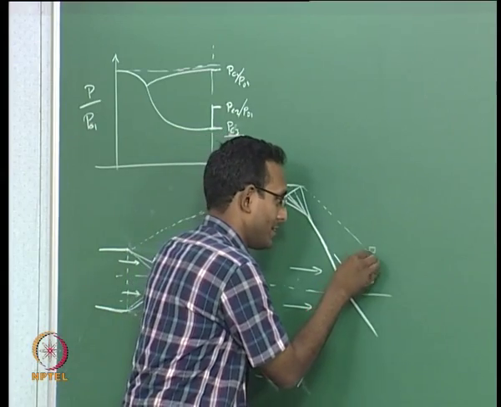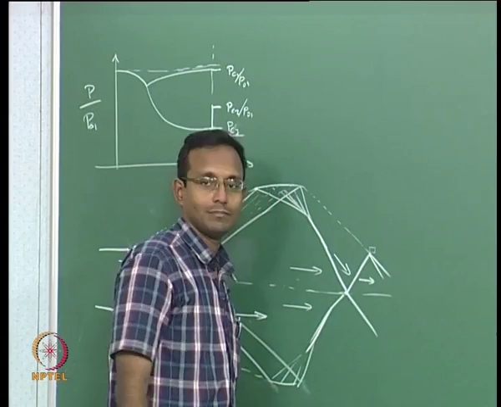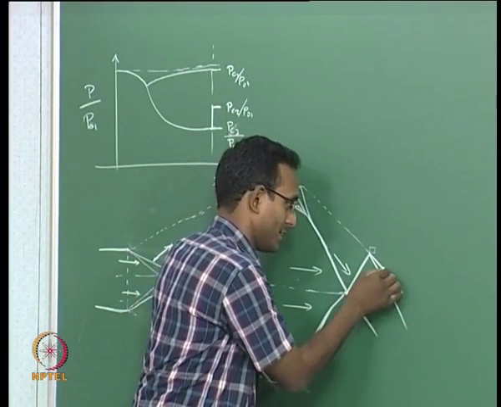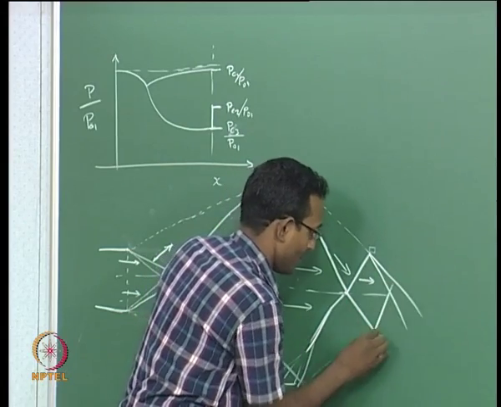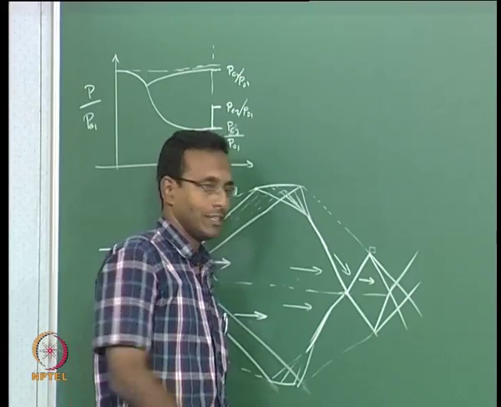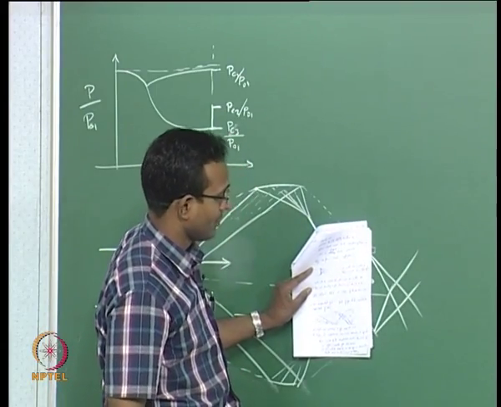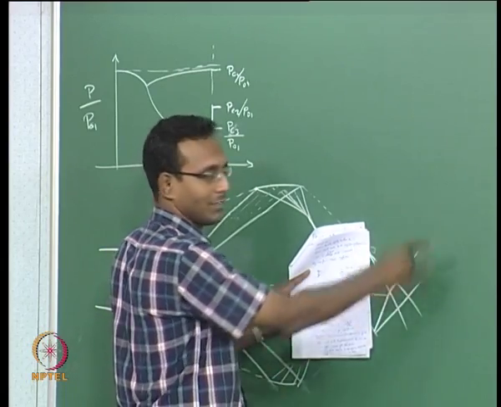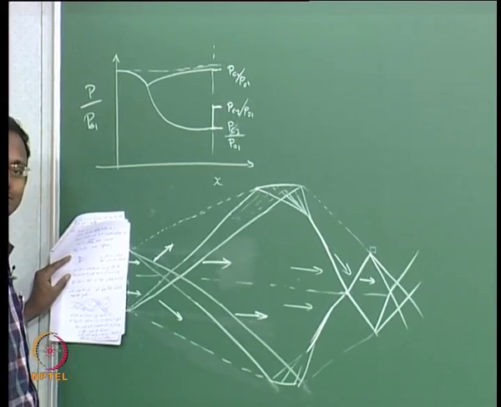So, finally, there will be a whole bunch of expansion waves traveling from here, and they start going like this. Similarly, from the other side, a whole bunch of expansion waves going like this. Now, they will start crossing, and if I look at the problem from here, it is expansion waves crossing, which is the exact same problem as what I started with here.